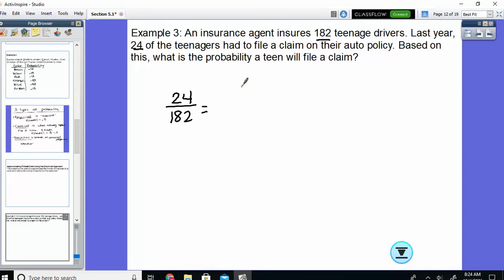Your probabilities you can write as fractions in lowest terms or decimals. If you go with a decimal, please give me 4 decimal places. Just a little more precise there. So if I'm going to make my assumption based on this, it is 0.1311. That's the probability of a teenager having a claim.